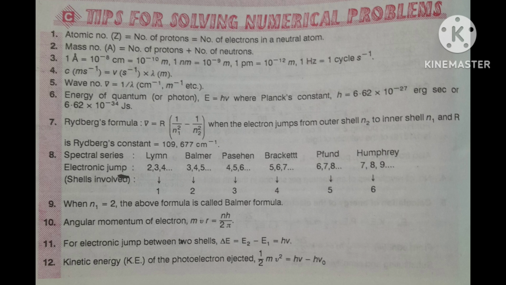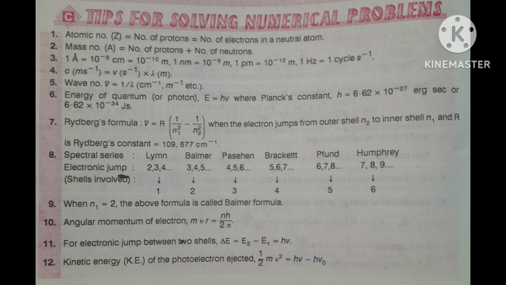Next relation is the Rydberg formula: nu bar is equal to R, capital R, in bracket 1 upon n1 square minus 1 upon n2 square. n is the number of orbit. n1 means first orbit, n2 means second orbit.